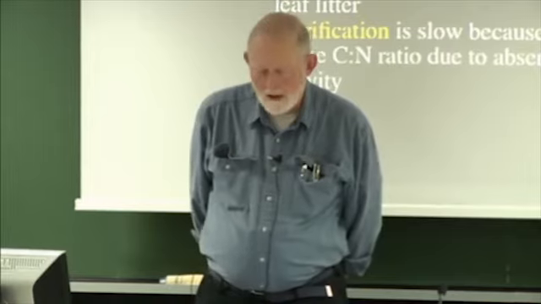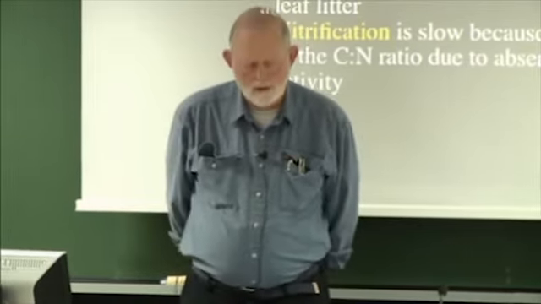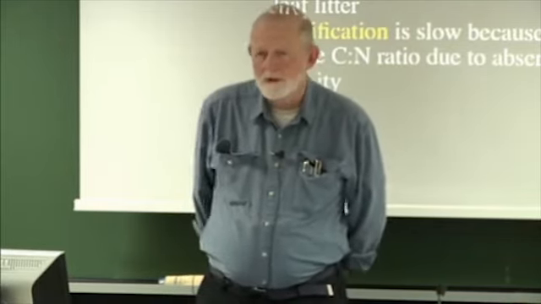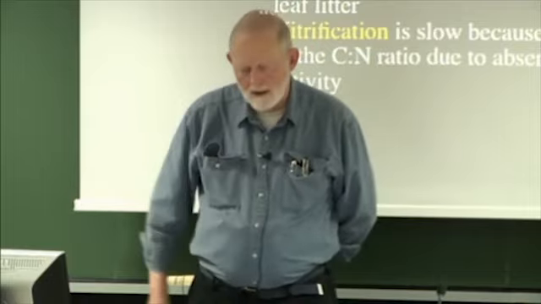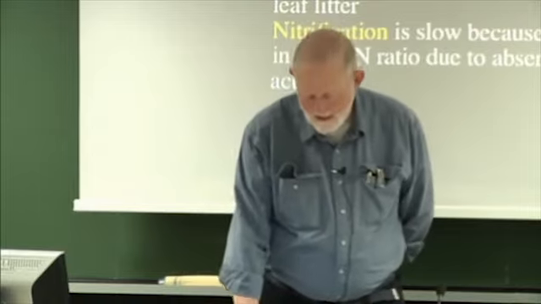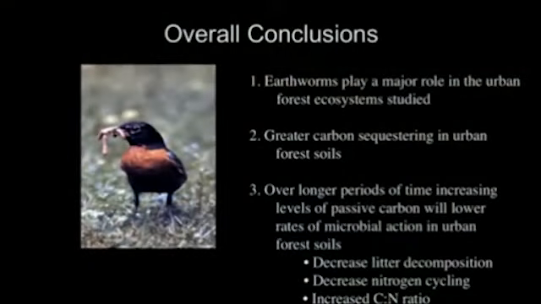A more rapid mineralization took place because of the characteristics of the leaves themselves, but the nitrification process was slowed down because of the absence of the earthworms that were contributing both to the breakdown in size as well as providing mucoprotein. So they concluded that earthworms played a major role in the urban forest ecosystem.